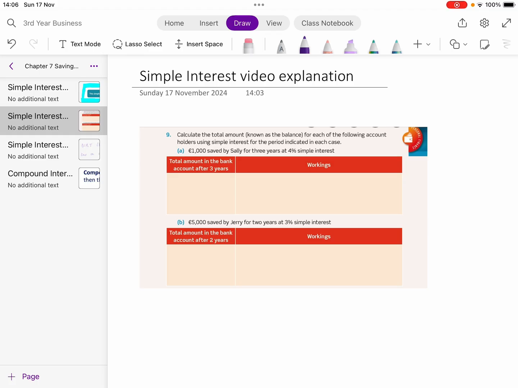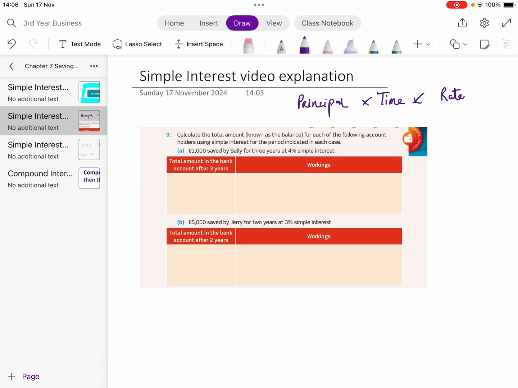So the formula that I'm going to use is principal by time by rate.